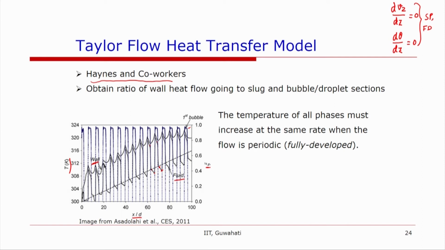When the flow becomes fully developed, then delta T in a unit cell is a constant, and it will also require that the rise in the temperature of the continuous phase and the temperature of the dispersed phase are the same.